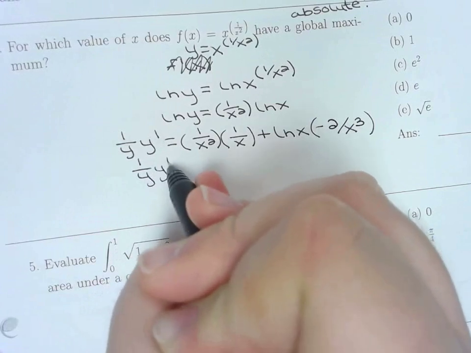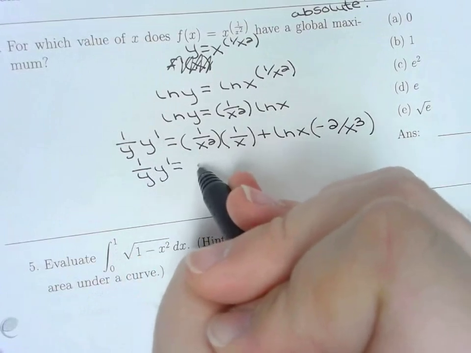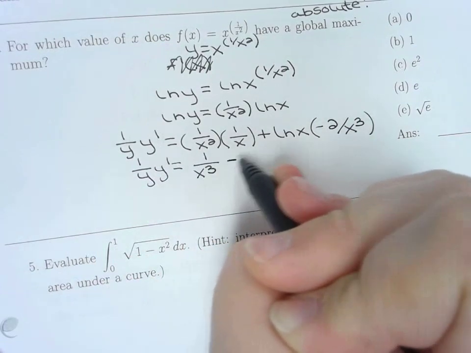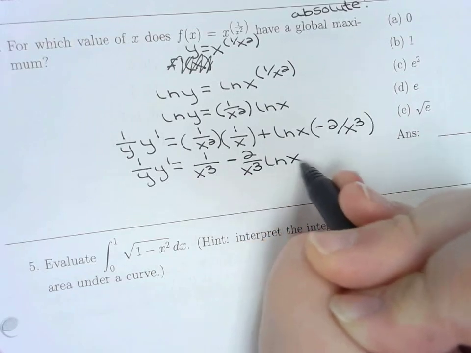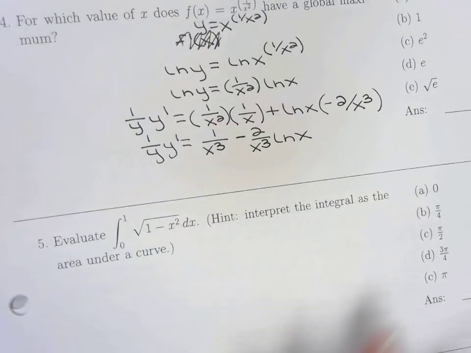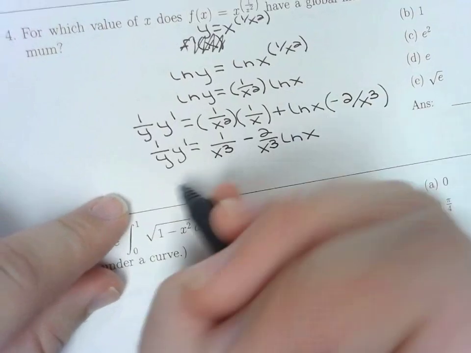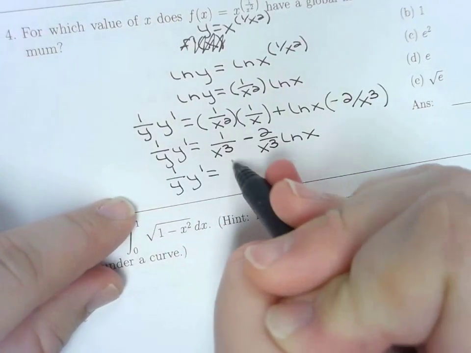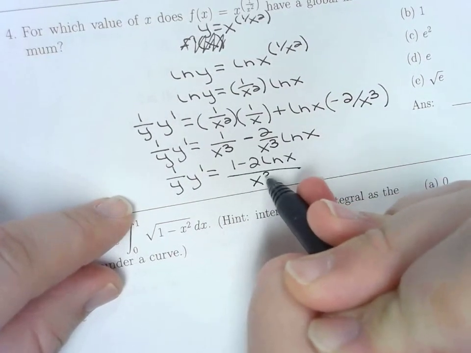So it's going to give me 1 over x cubed minus 2 over x cubed ln of x. Actually, I can combine these. I can throw the ln of x on the top, so technically that would give me 1 minus 2 ln of x over x cubed, right?